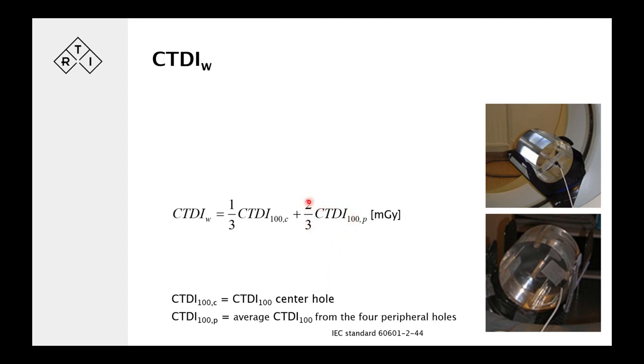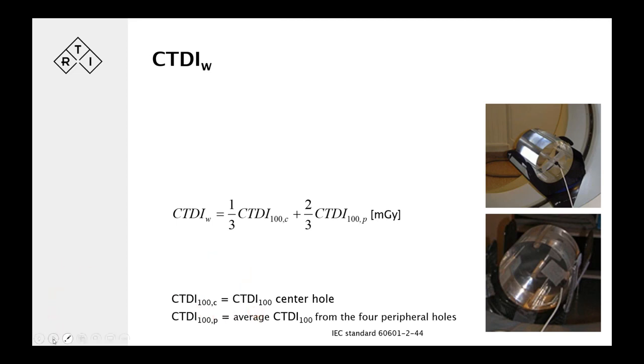Even if it's only 2/3 of it, it's still a substantial contribution to error or uncertainty in this. One CTDI weighted value could vary as much as 20%, only depending on how the tube fires. Okay, so that's a bit of an uncertainty.